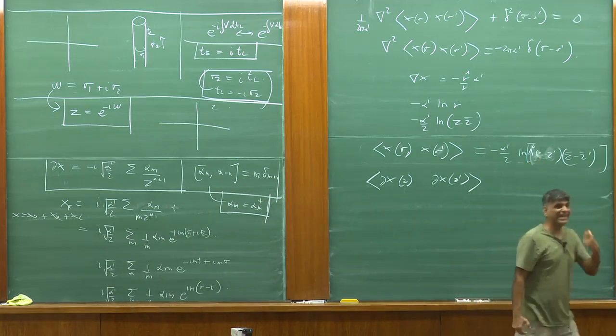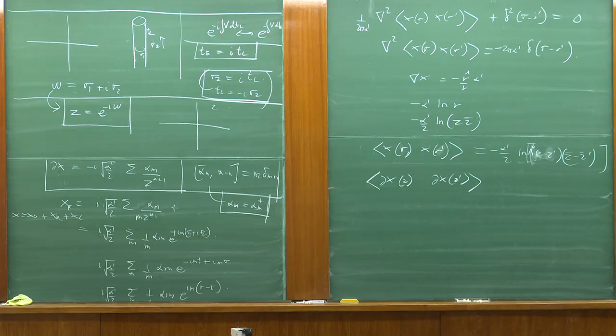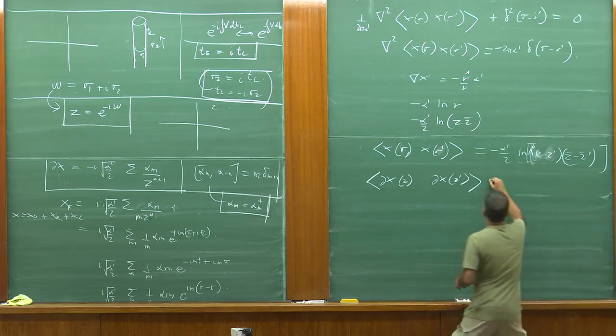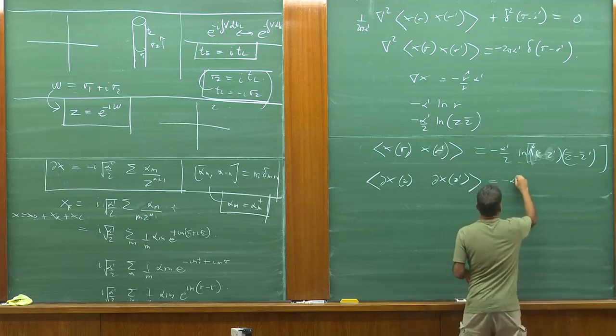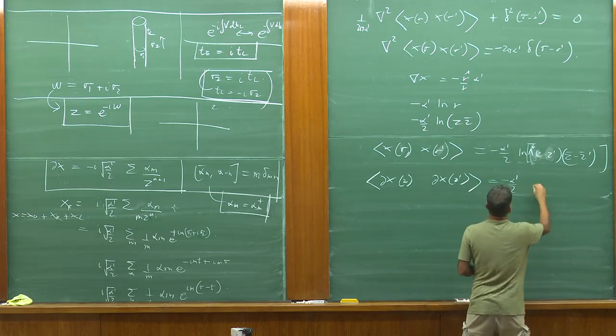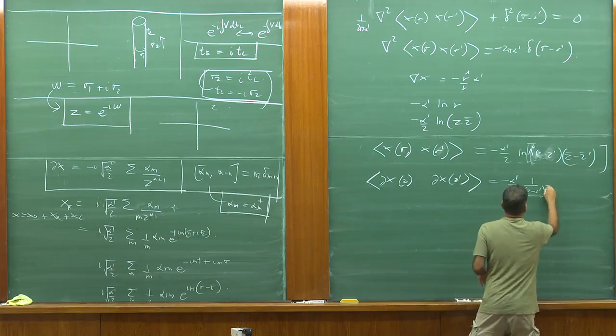So we get 1 over z minus z prime. Then we differentiate with respect to z prime. Now we get a minus because it's z minus z prime, and a minus because we're differentiating 1 over z. The two minuses cancel. And so we get minus alpha prime by 2, 1 over z minus z prime, the whole thing squared.